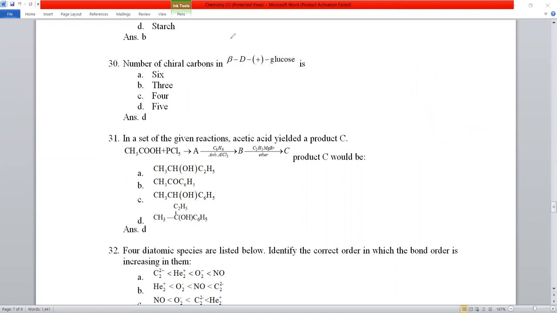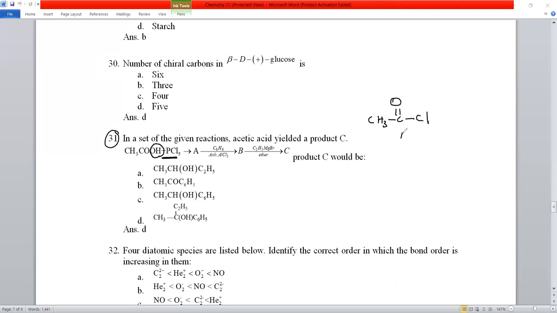Next, question number 31. In the following set of reactions, acetic acid yielded... So acetic acid reacts with PCl5. What you have to do, students? Immediately, PCl5 means remove the OH and keep the chlorine. A nucleophilic substitution reaction.